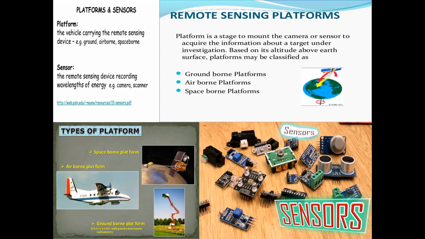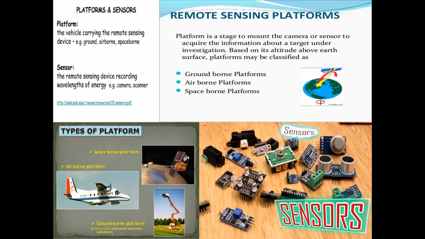See the three types of platforms in the picture: spaceborne platform, airborne platform, and ground-borne platform, the vehicle carrying the remote sensing device. Another one, sensors. See the second picture.